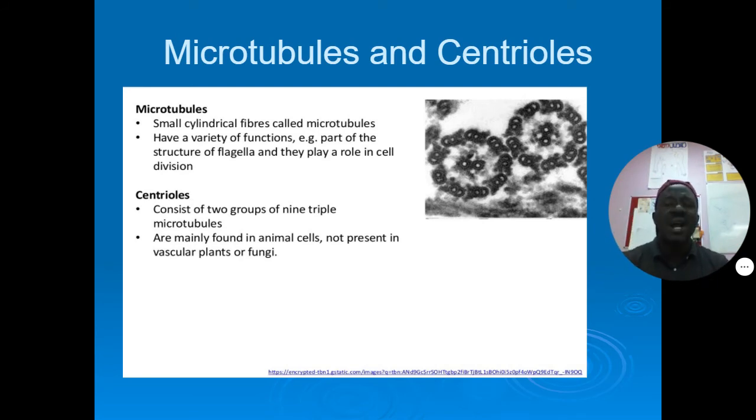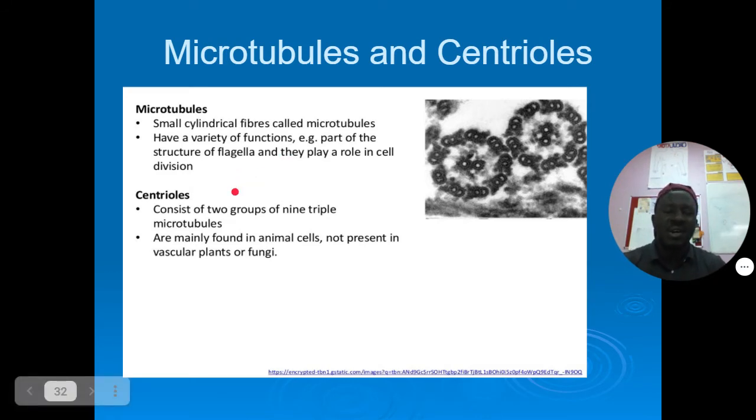If you look at the microtubules, they are the ones responsible for the structure of every cell. Microtubules are small cylindrical fibers, and they have a variety of functions. They are part of the structure of the flagella, and they play a role in cell division.